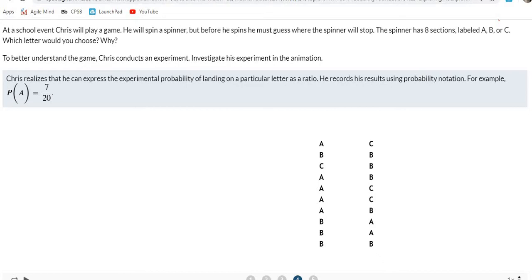But a lot of times in probability, we like to look at it in another form of a number. What do we like to look at? Percents. If you want to know your shooting average, that's a percent. If you want to know your batting average, you want the percent. Sports is loaded with statistics and probability.